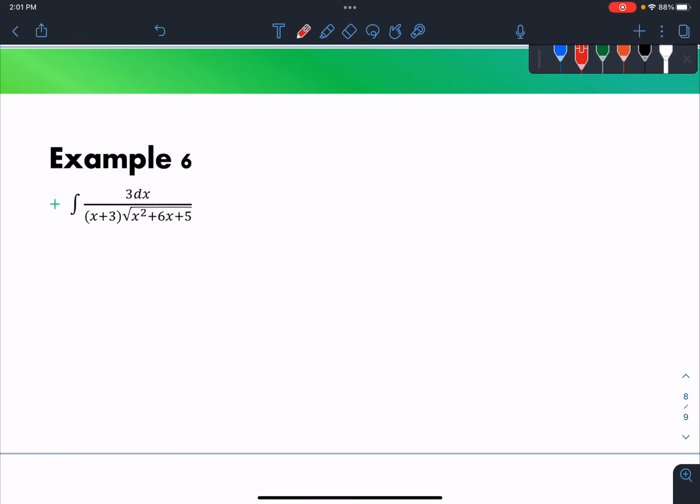Okay, so lastly, we have the x squared plus 6x plus 5. So is x squared plus 6x plus 5 factorable?